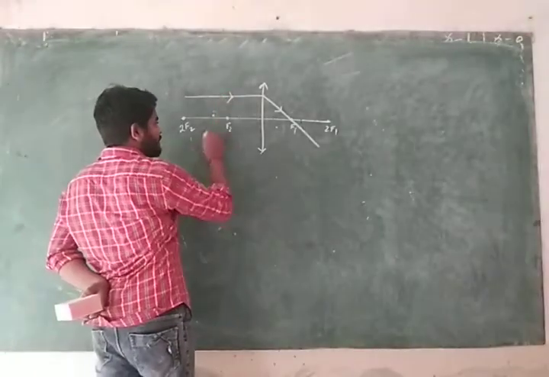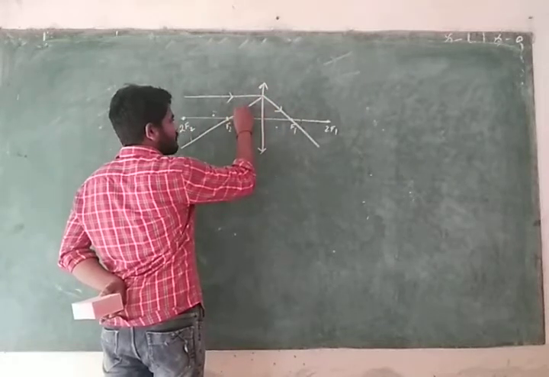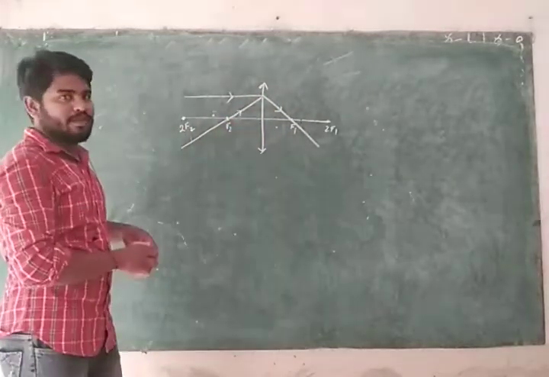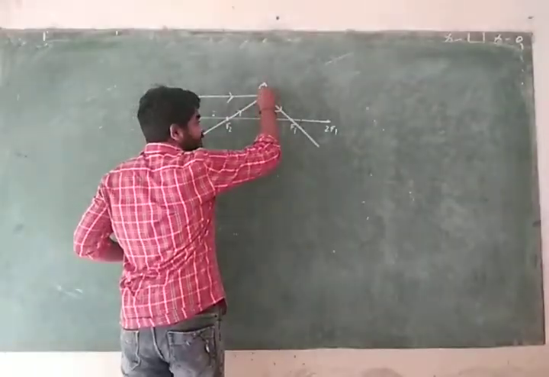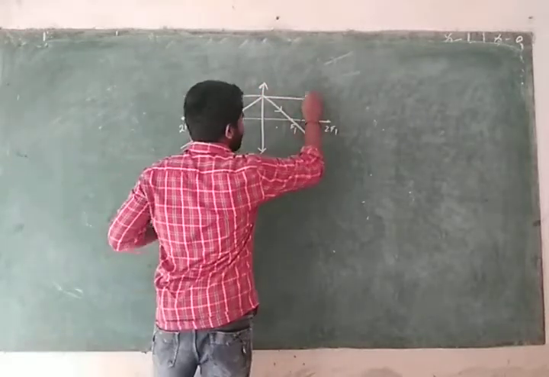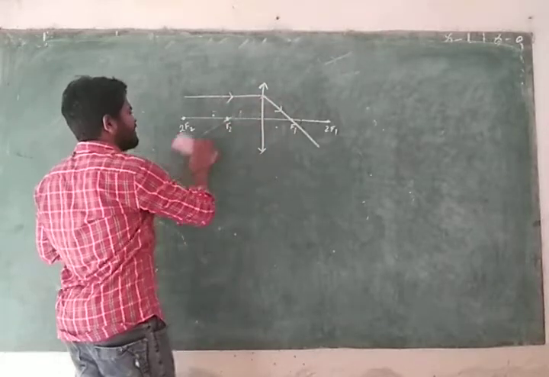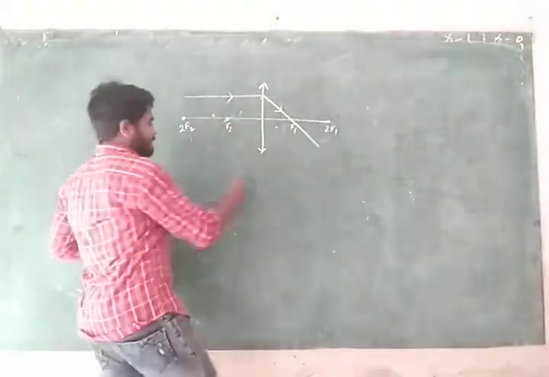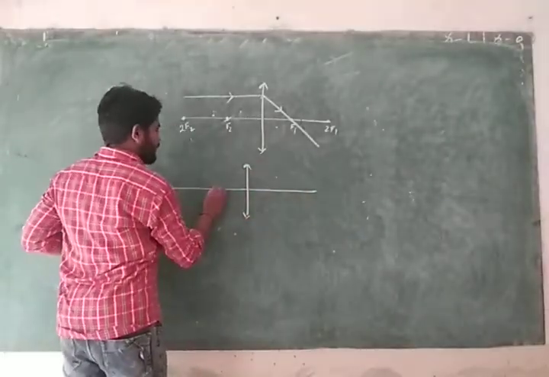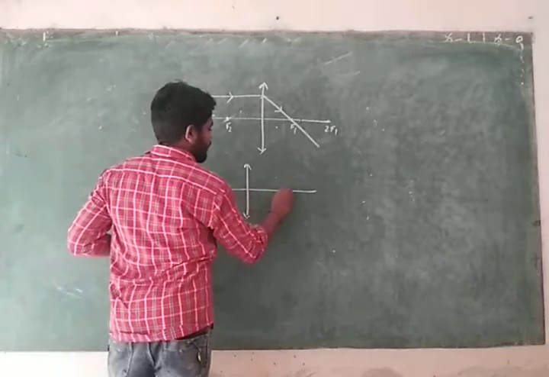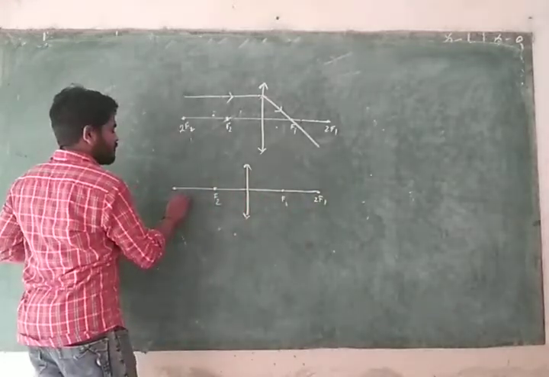When a light ray passes through the focal point, okay? When a light ray passes through the focal point, it will refract and move parallel to the, sorry, I didn't draw here, I will draw a separate lens once again. Okay, this is our first light ray, and second, again a biconvex lens with F2, F1, 2F1 and 2F2.